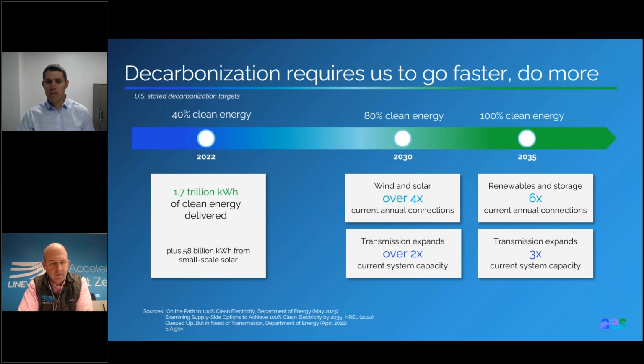This is a huge expansion in transmission capacity and what AES has identified as one of the limiting factors in the energy transition, which is why we turn to GETs as a solution that can leverage digital technologies in addition to the transmission build out that we need. Next slide, please.